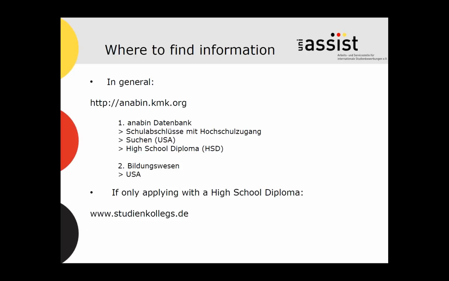And there is also a lot of relevant information concerning, for example, subjects, or what subjects can be taken into consideration. And then you also have a lot of relevant information at Studienkollegs.de.